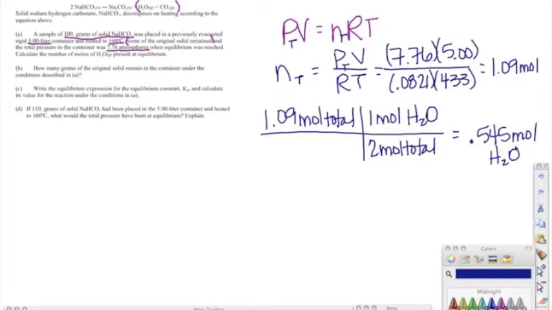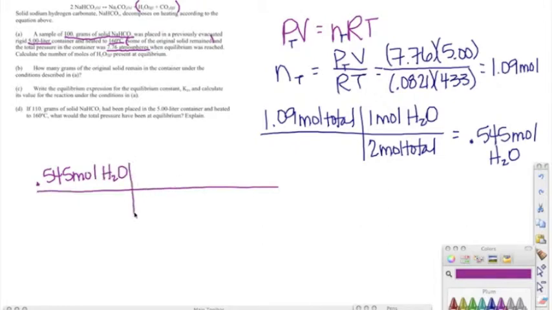And then B asks, how many grams of the original solid remain? Well, all we got to do, if this is how much water we made, we'll convert it back to the sodium bicarbonate to see how much of this stuff was used, and then just subtract it from what we started with. So I'll switch colors here. We're going to take this 0.545 moles of water, and we're going to use stoichiometry to convert it to grams of the sodium bicarbonate.